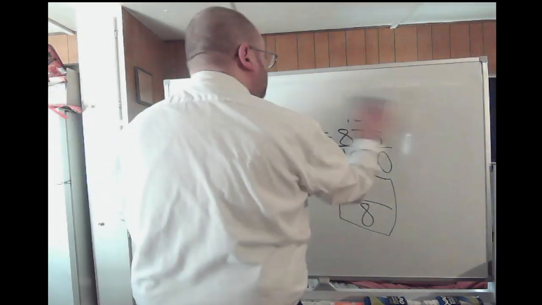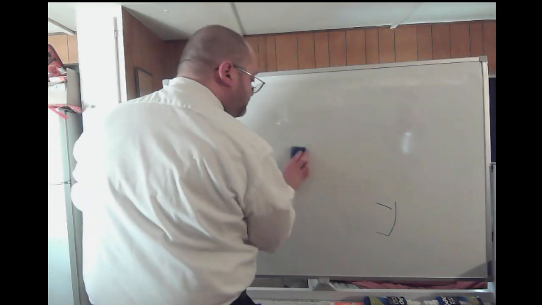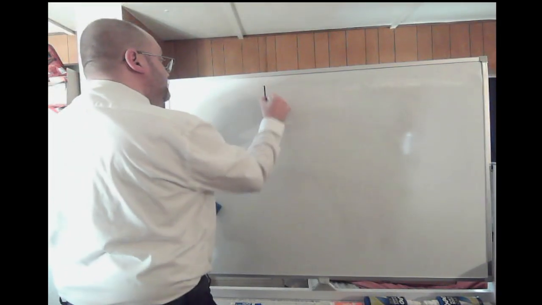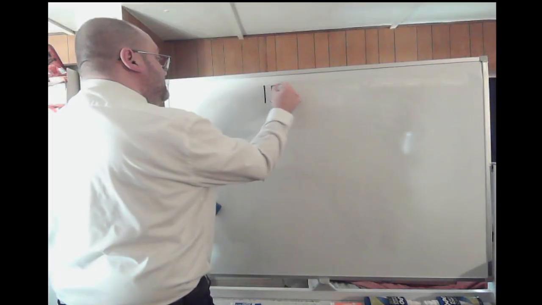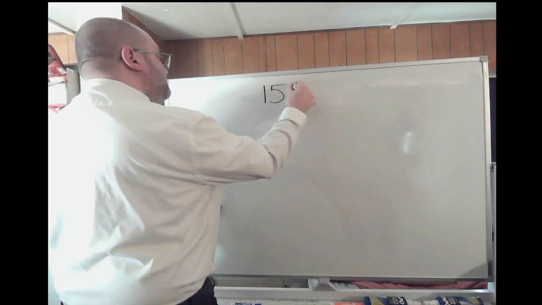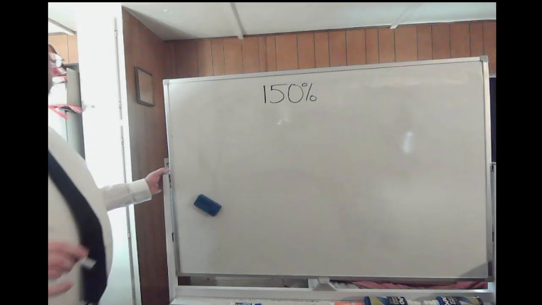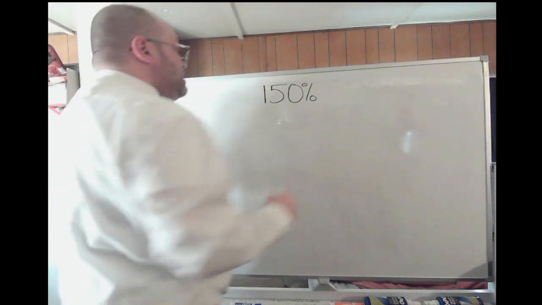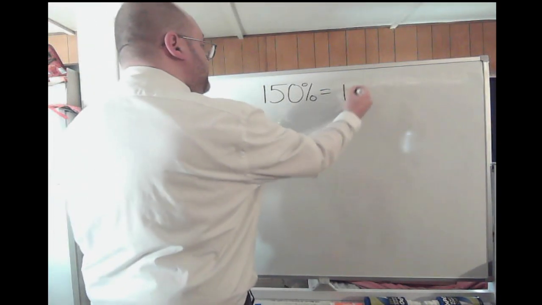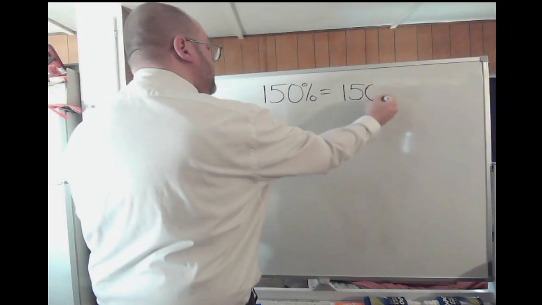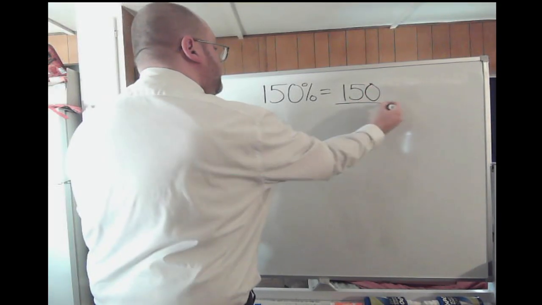Alright. Now, what if I have something like this? I have 150%. So I got 150%. Well, 150% means 150 out of 100.